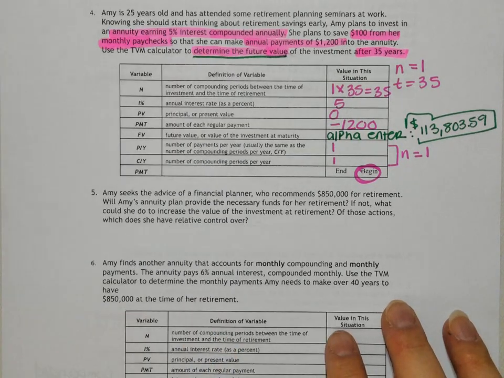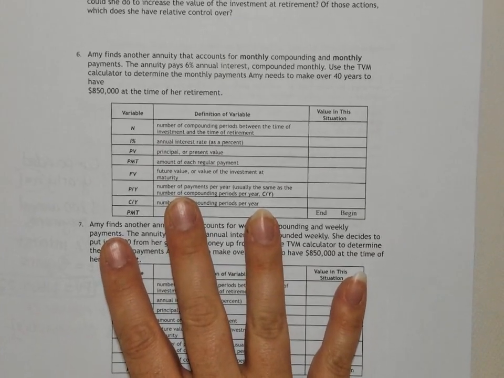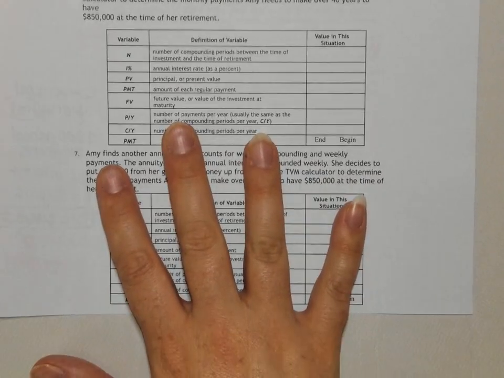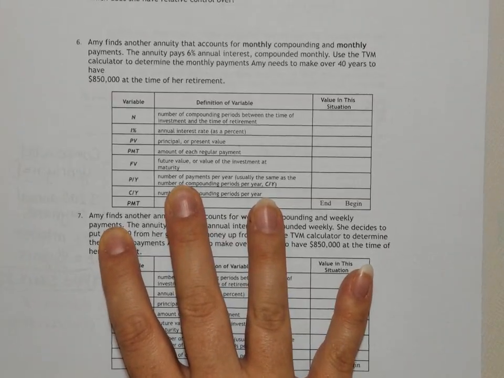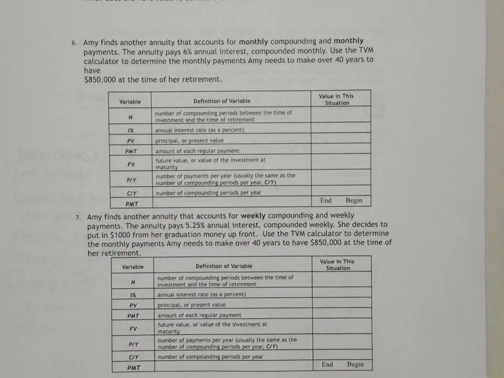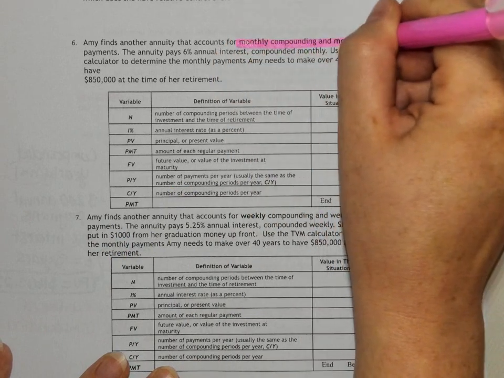All right. You ready for the next one? Can I scoot down? Okay, we're going to skip over number 5 and we're going to go straight to number 6. Amy finds another annuity account that accounts for monthly compounding and monthly payments.